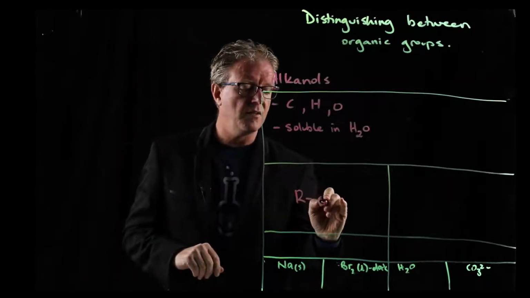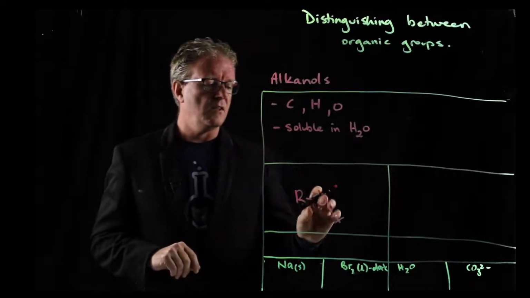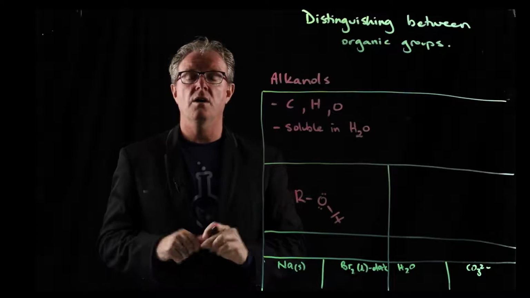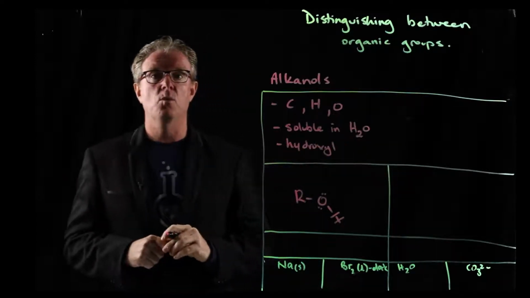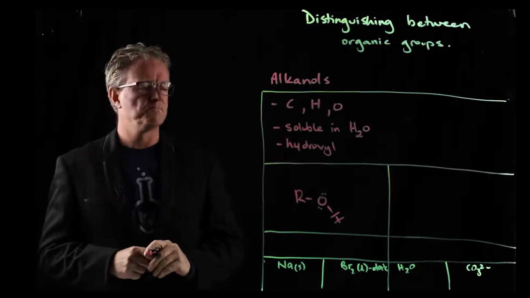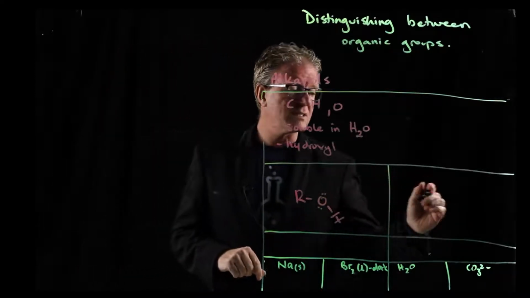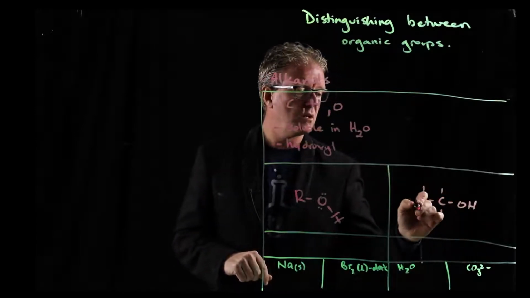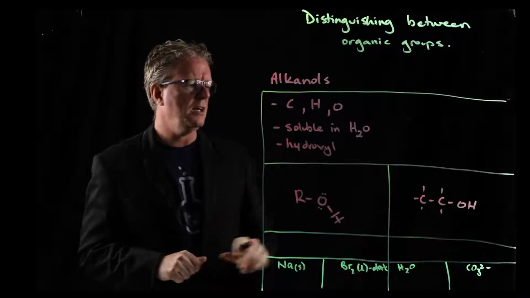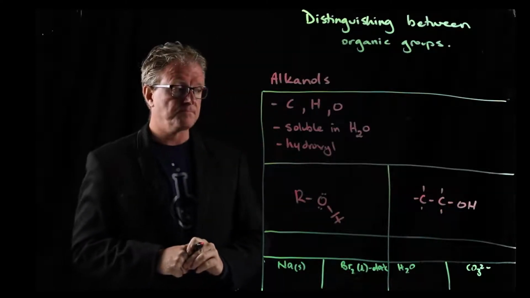So if we write that there like this, then that functional group there, the OH or the hydroxyl functional group, that makes it water soluble because of hydrogen bonding. What other aspects can we think of? Well, let's draw an example here. If we have one that we're all familiar with, ethanol. Okay. So ethanol has the OH group, so therefore it's soluble in water.